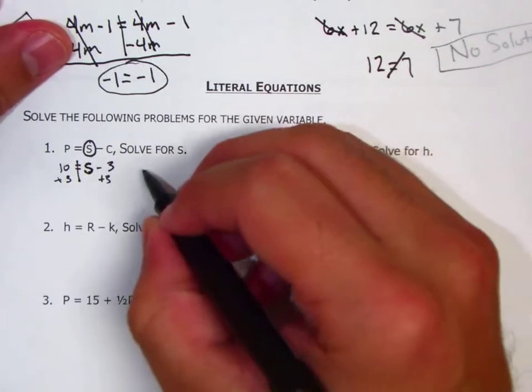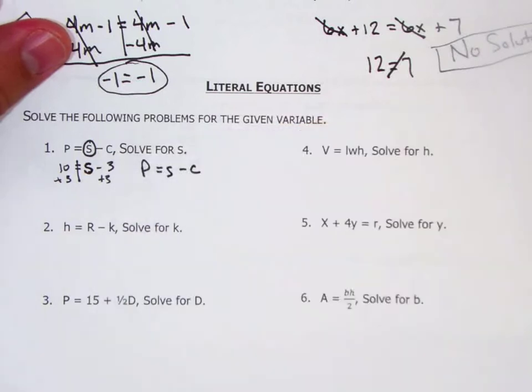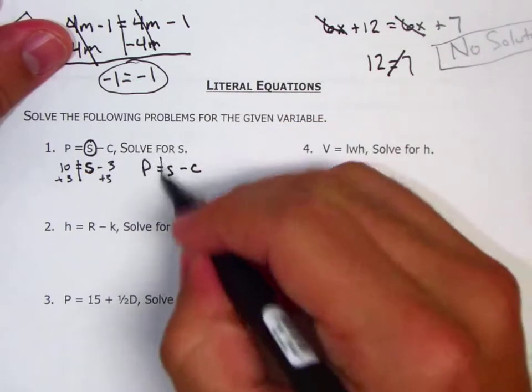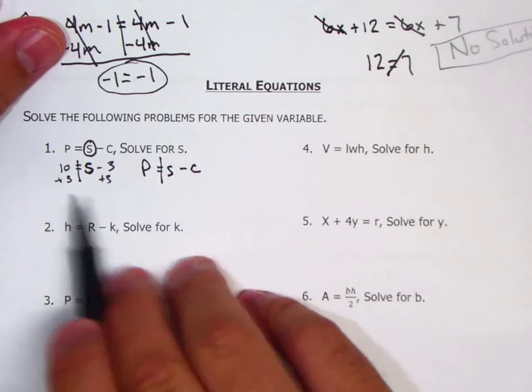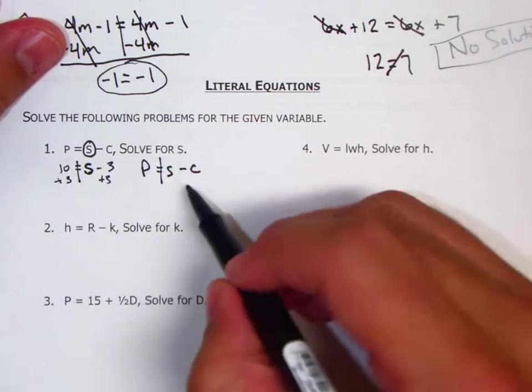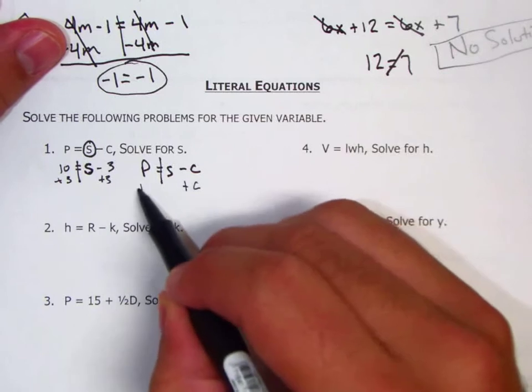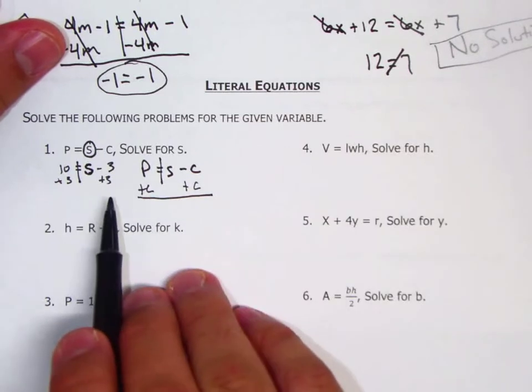Now, let's go back to the original problem. P equals S minus C. And it's the exact same thing. You knew that you needed to add 3 to this side. It's the same thing, except the 3 is just a C. So I'm going to add C to this side. Same exact step.